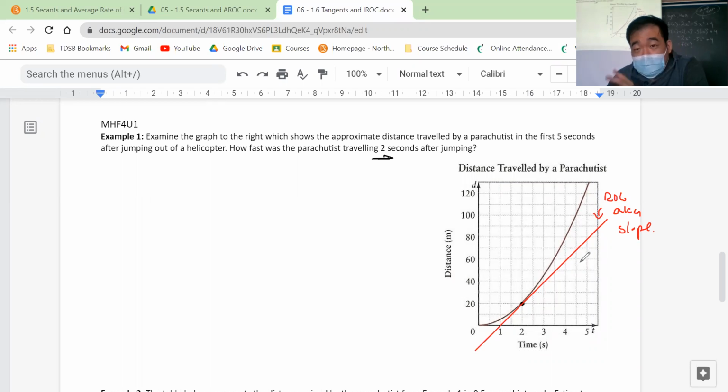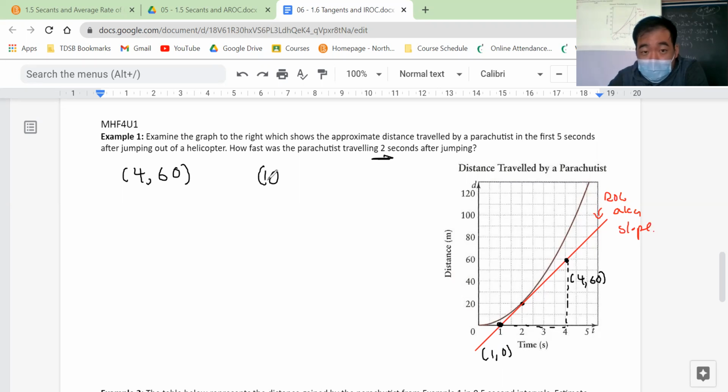The way to find slope, remember, you need 2 points. So I'm going to estimate 2 nice points on this graph. This is (0, 10) and that's (4, 60)... I'll write it down here so that you can see. (2, 40) and (1, 0).